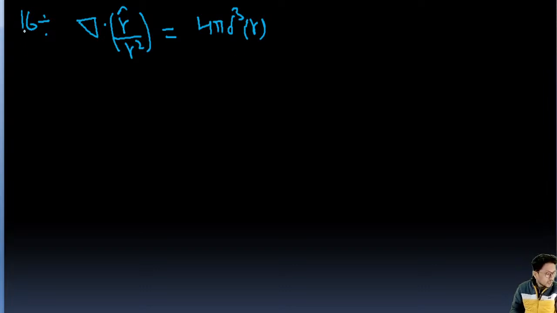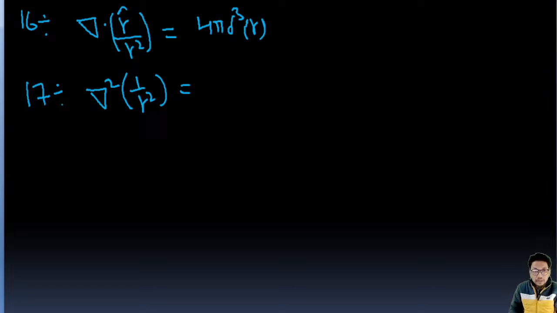Okay, so now property number 17 is del square of 1 upon r square. This value is minus 4 pi del cube r, and I'll tell you how it happened.